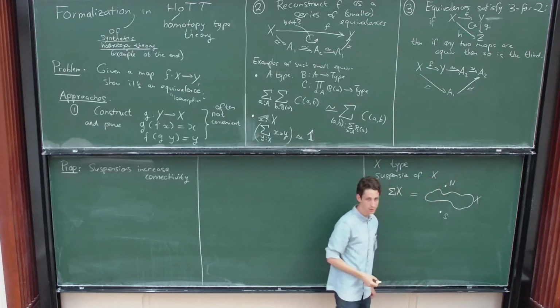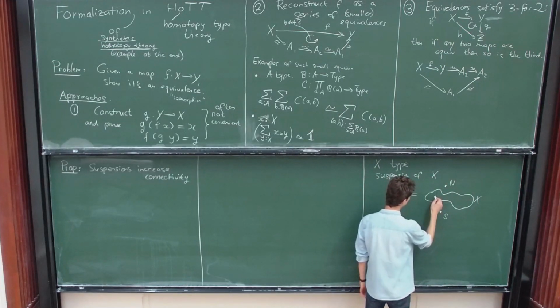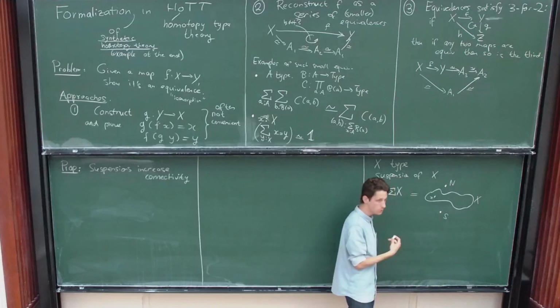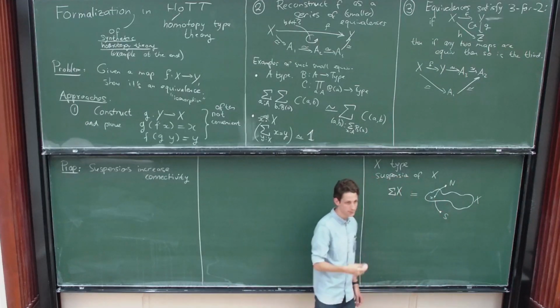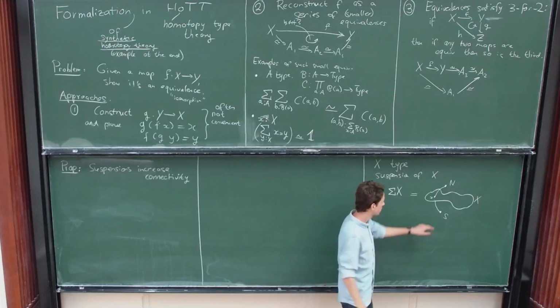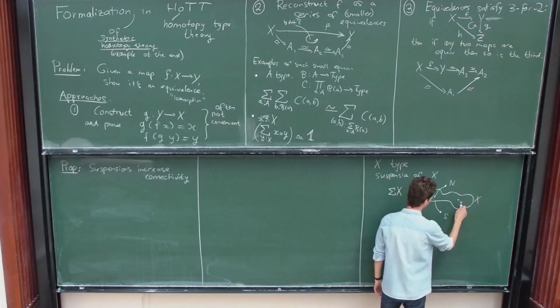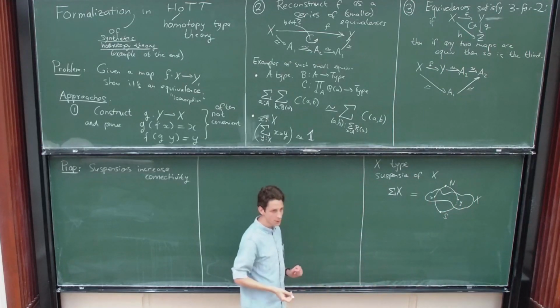Now the operation that you do is for any point in your type X or in your space X, I'm going to add a path or an identity or an equality from north to south. Okay, and so if I have another one here, go down like that. Of course, I have to do this in a reasonable way.